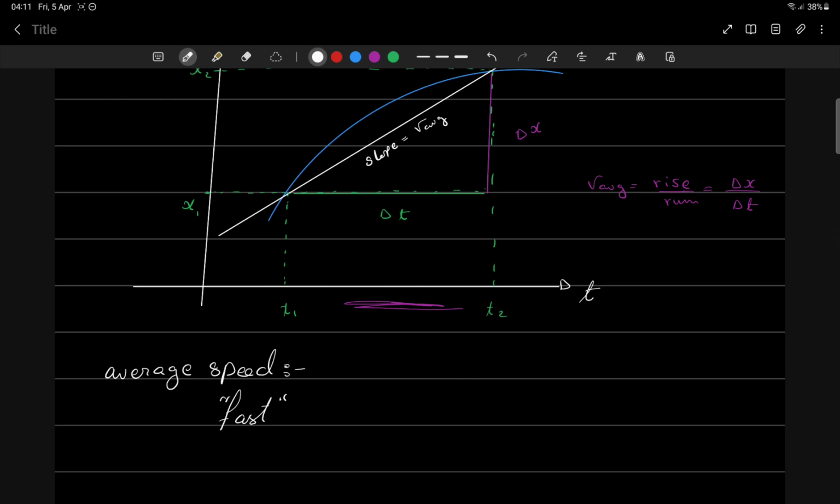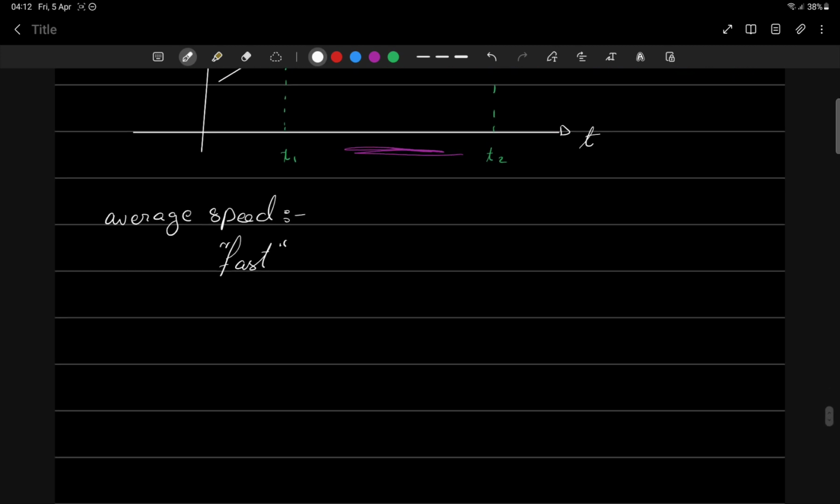In speed, all we have to do is focus on the distance covered by time, regardless of the direction of the movement. In velocity, we deal with the distance covered, the time, and the direction, while in average speed, all we need to care about is how fast the thing is going.